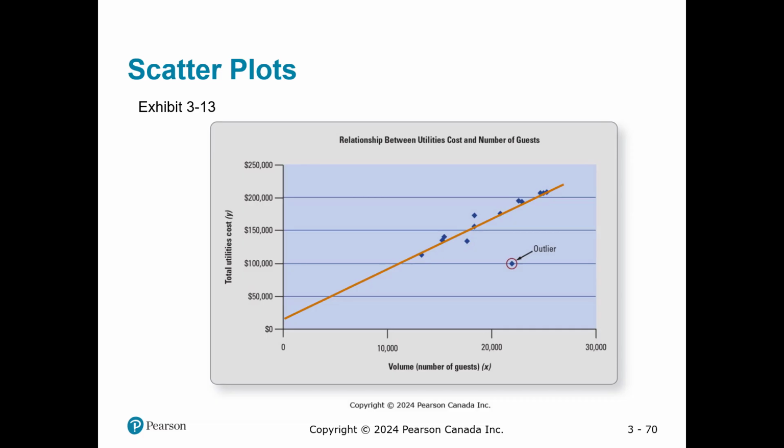But if everyone's line is different, then everyone's variable cost per unit would be different. Everyone's intercept for the fixed cost would be different. And so everyone's formula would be different. Scatter plots may be great at identifying outliers, and they're awesome to determine if the cost driver has a strong relationship with the costs.